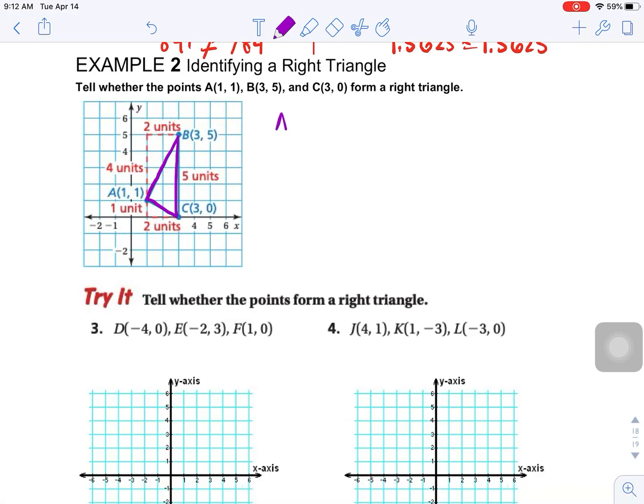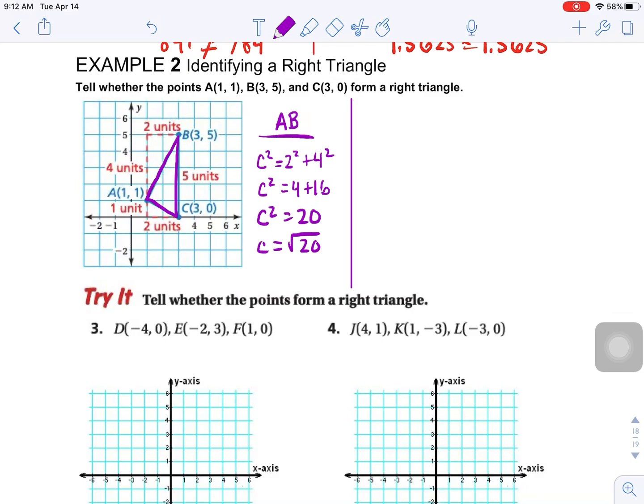So AB, I can see is made up of sides 2 and 4. So c squared equals 2 squared plus 4 squared. All right, so I get c is the square root of 20.